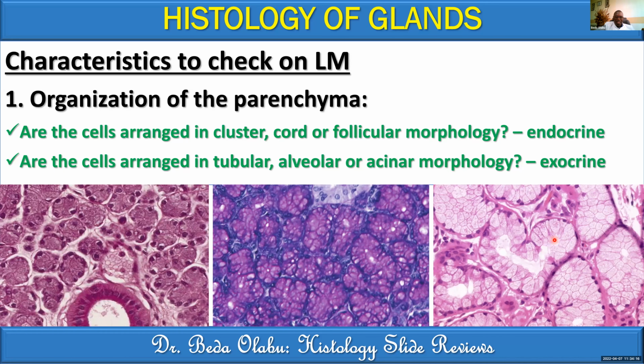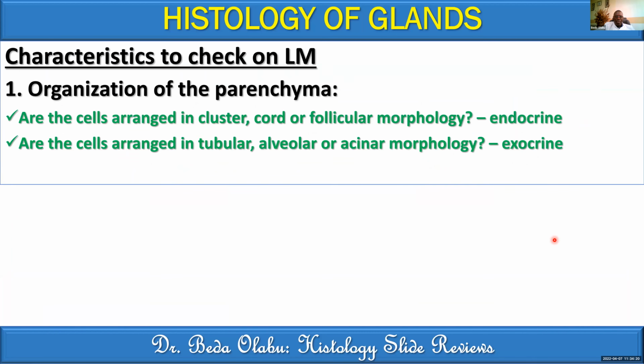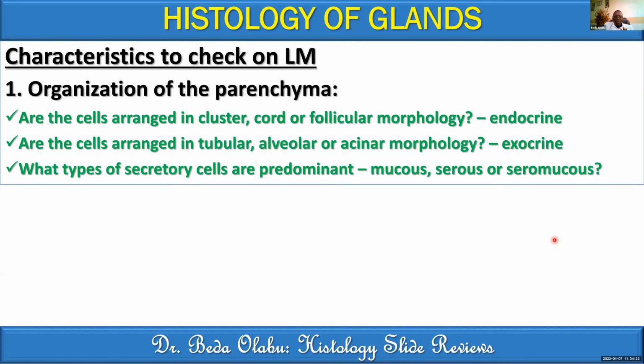That brings us to the third concept that we look for when you're describing a gland. Especially if you notice that the gland is an exocrine gland of acinar morphology, then we want you to classify the acini.